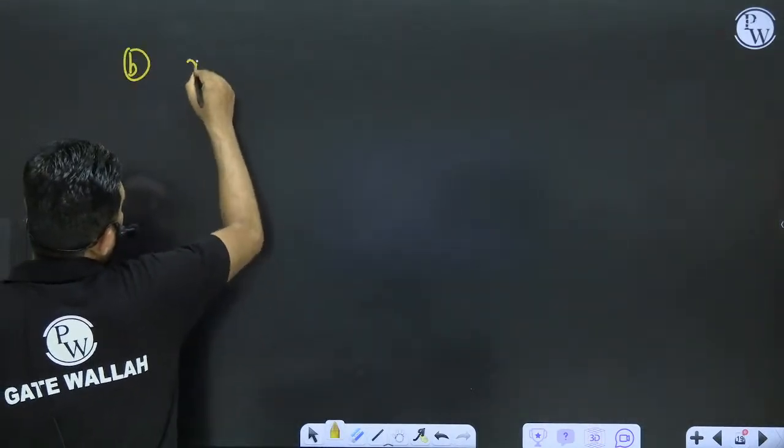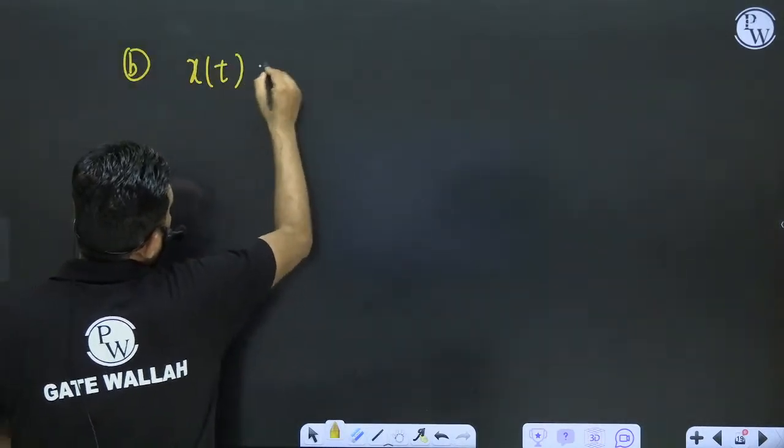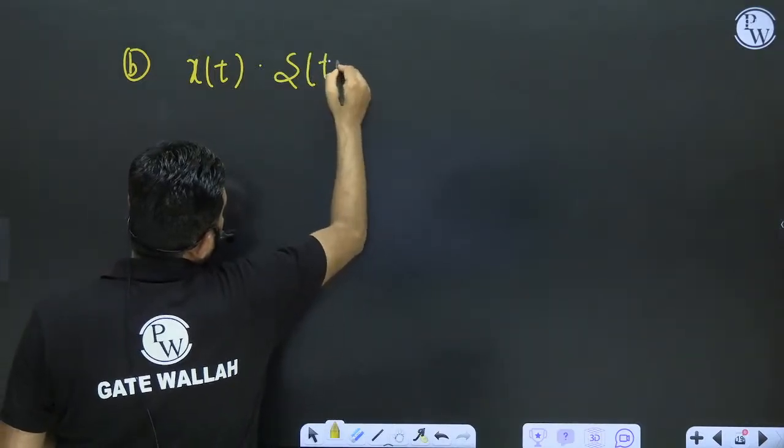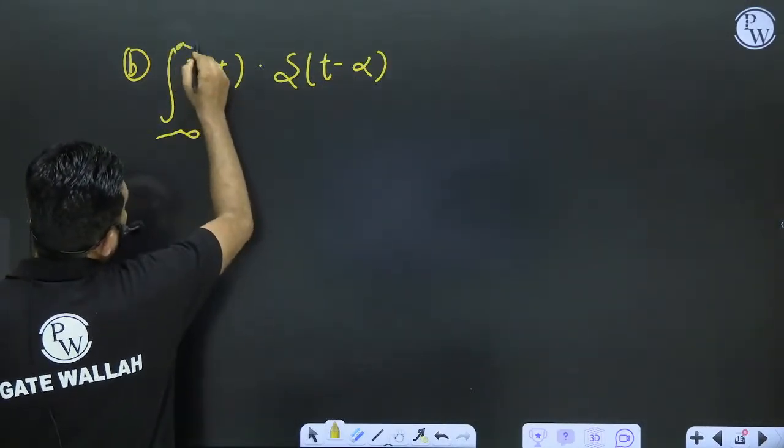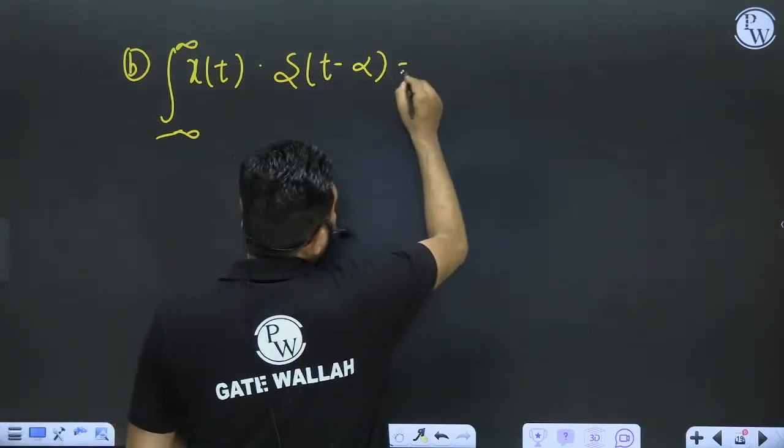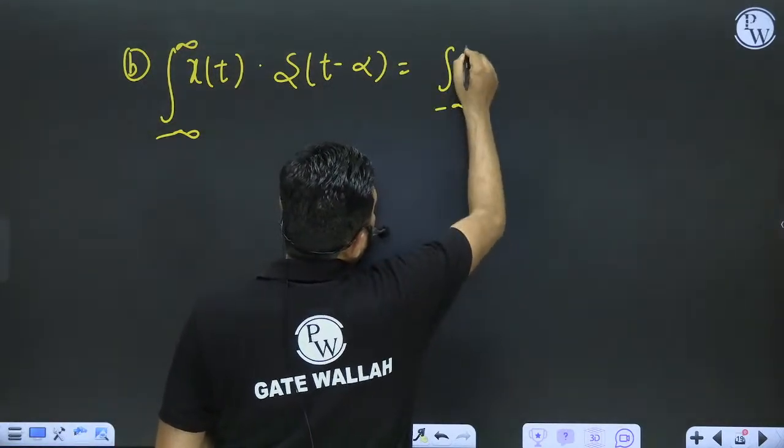Suppose I have x of t multiplied with delta t minus alpha, and now taking the area under the curve, what is it equal to, from minus infinity to infinity?